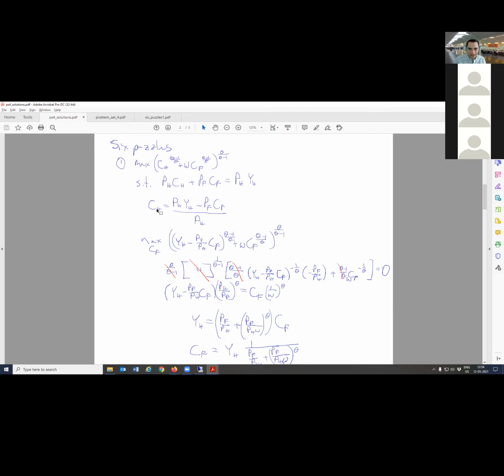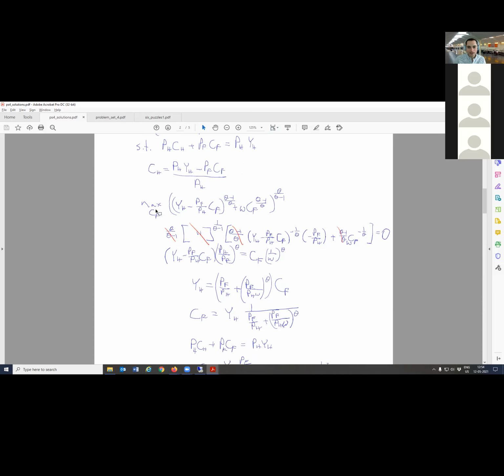Then we can plug this definition into the optimization problem and eliminate one of the arguments we have to optimize. So instead of maximizing over both CF and CH, once I've plugged in this definition of CH, I only have to maximize utility with respect to one argument, CF, and that's easier. No need for a Lagrangian.